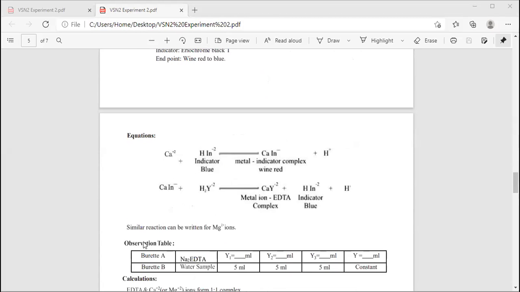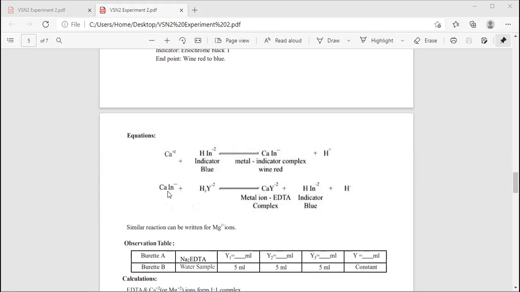We have already seen that your indicator will react with Ca+2 or Mg+2 to give metal ion indicator complexes. These are short-lived, meaning stable only for a few seconds, and they are wine red in color, like diluted blood. From the burette you are adding EDTA.